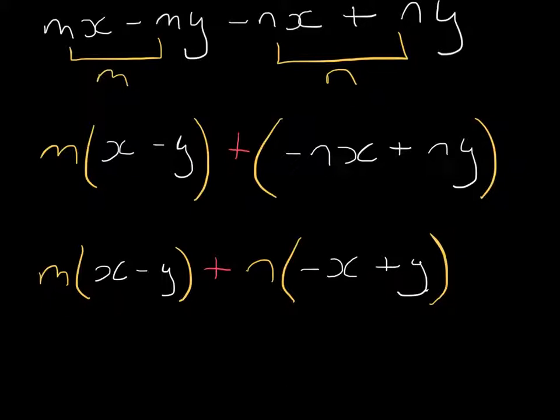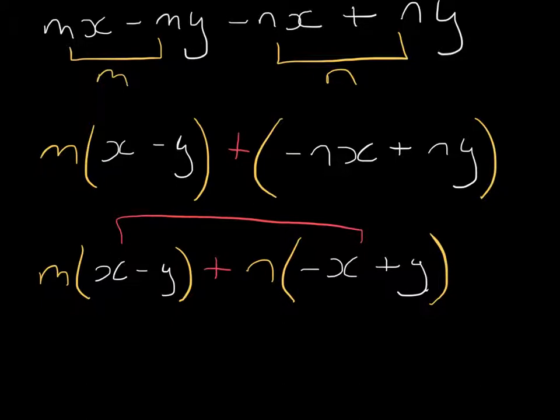Okay, so what we've done is we've hopefully created a common bracket. So let's have a look. x minus y, minus x plus y. So that's not actually a common bracket as of yet. The only reason it's not common is because of my signs.